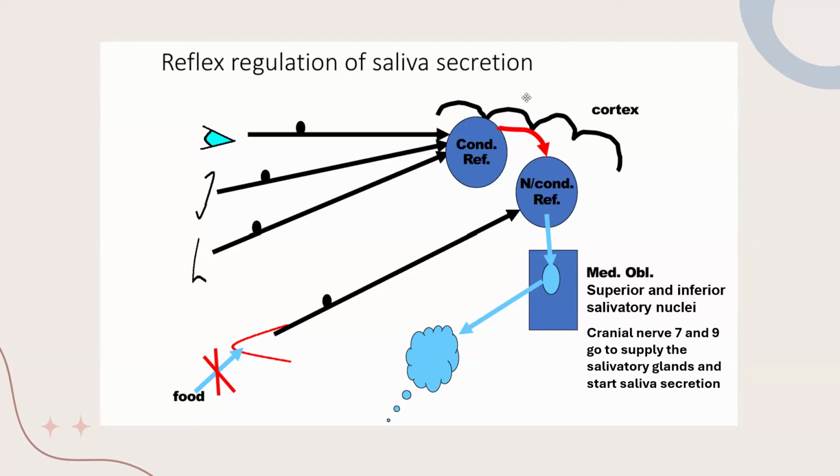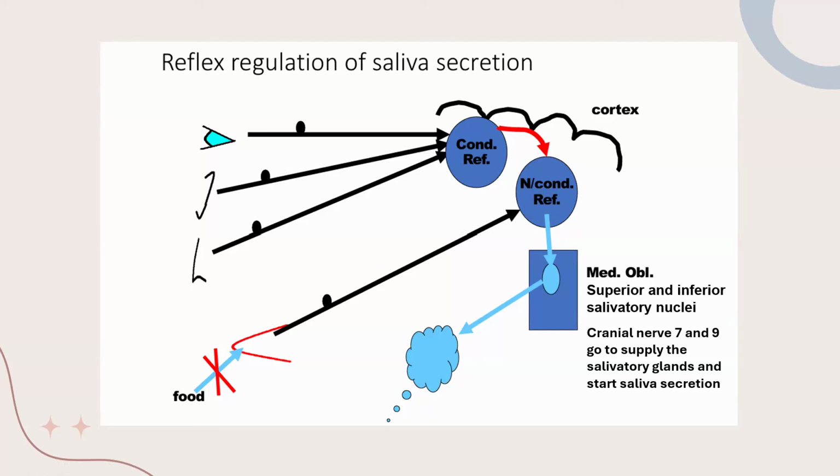And this is basically what happens in conditioned reflexes. For unconditioned reflexes, basically it doesn't have to cross the cortex like the conditioned reflexes. It's enough for the unconditioned reflexes to go directly to the medulla oblongata.